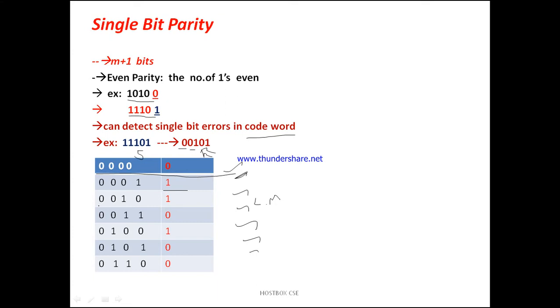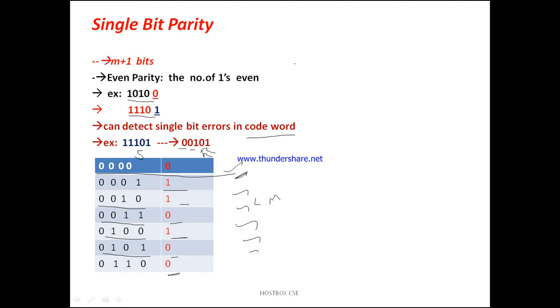For 0010 the parity is 1, for 0011 the even parity should be 0, for 0100 the even parity is 1, and for 0110 the parity is 0. There are still more, we can check in free time.